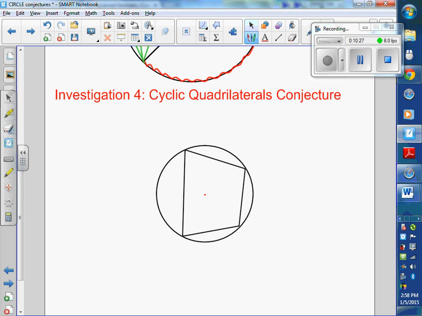And the thing that we want to think about is, what do we know about the measures of the 4 angles? So angle W, if you look at angle W, it intercepts this entire arc.